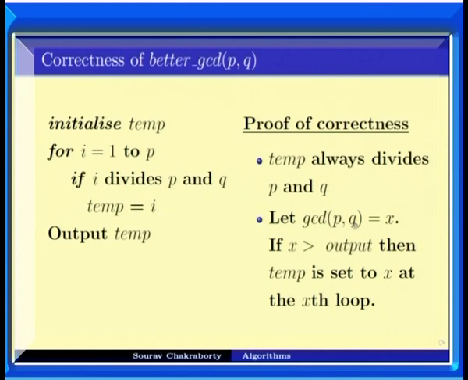Thus, GCD of p and q cannot be strictly greater than the output. So, we have that the output divides both p and q, and the GCD cannot be bigger than the output. So, GCD must be equal to the output.